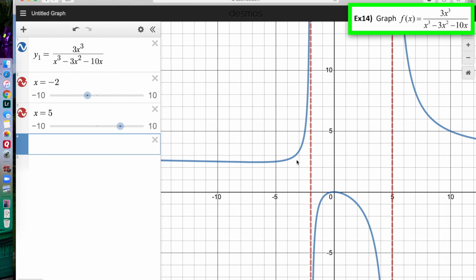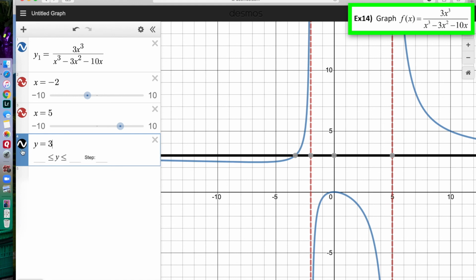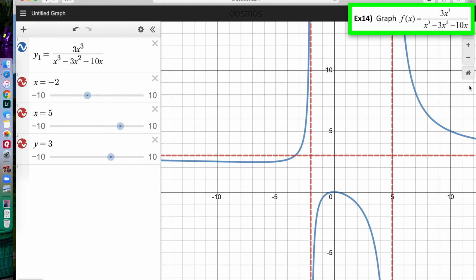So let's say that the horizontal asymptote here is 3. Keep in mind that the degree of the numerator and the degree of the denominator are the same, so it's the ratio of the leading coefficients, +3 over +1. That would make sense that y equals 3 is a horizontal asymptote, dotted red line.